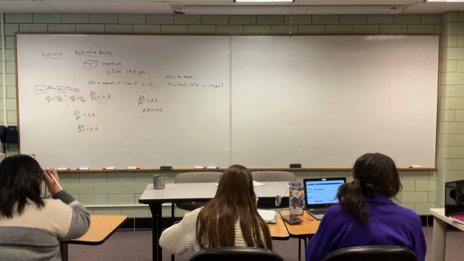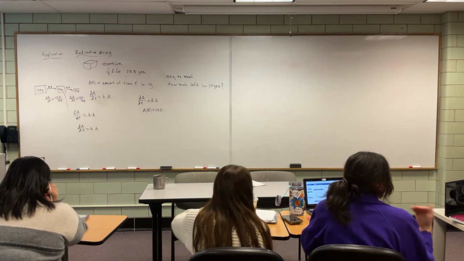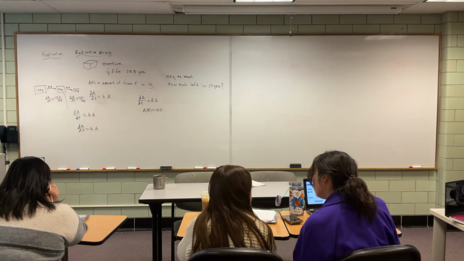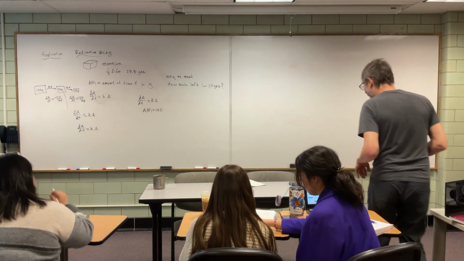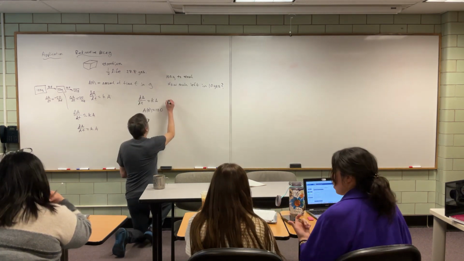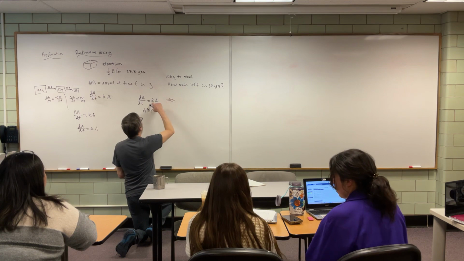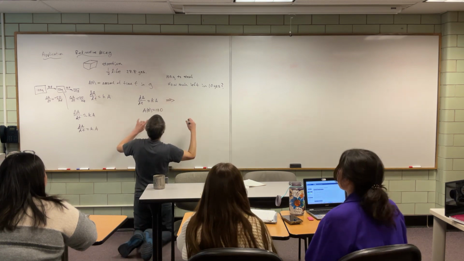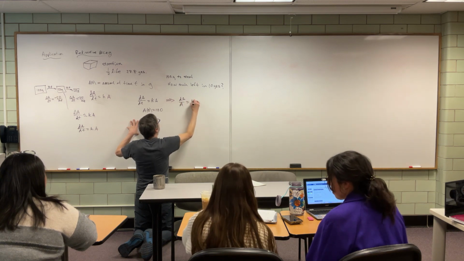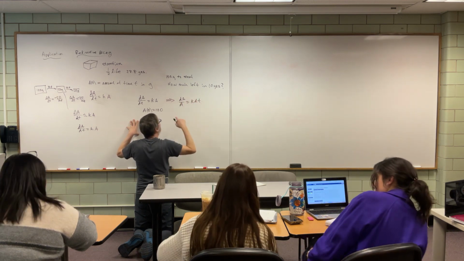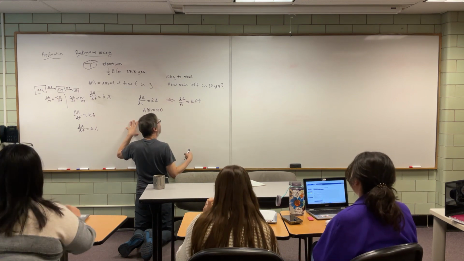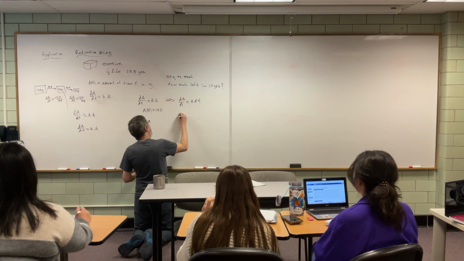Be careful with that k, because that is just an arbitrary constant. We separate this thing like so. I would keep the k over here; you can bring it down, but that seems like a pain. Integrate both sides.